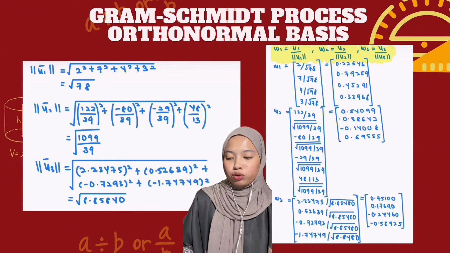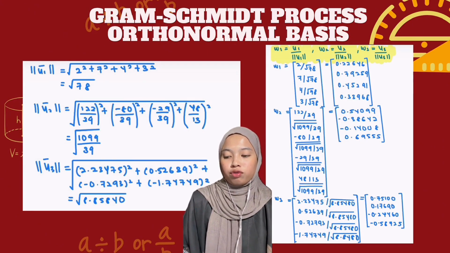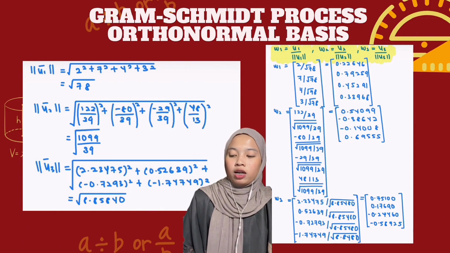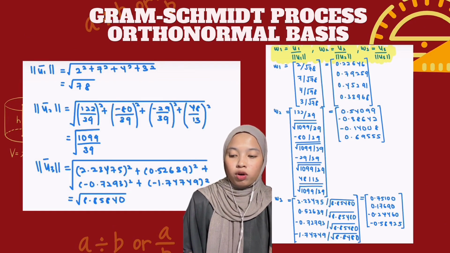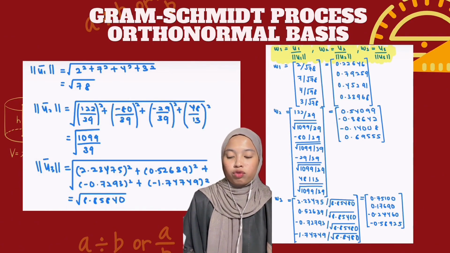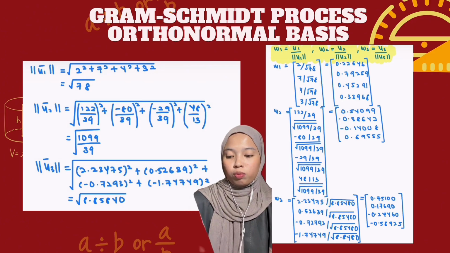Okay, for W2, matrix of 0.54099, negative 0.38642, negative 0.14008, 0.69555. Okay, for W3, equal to matrix of 0.75100, 0.17690, 0.24462, and negative 0.58725.